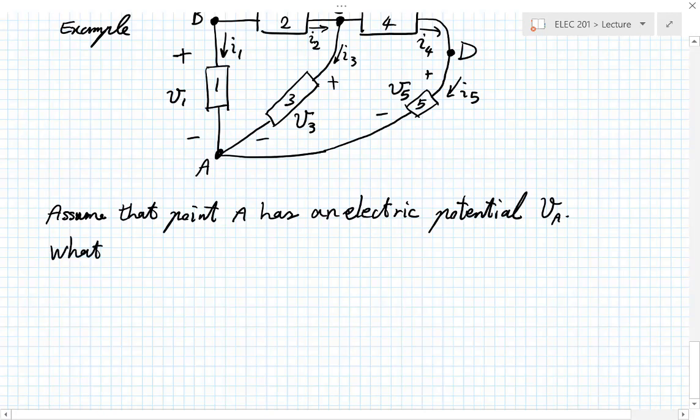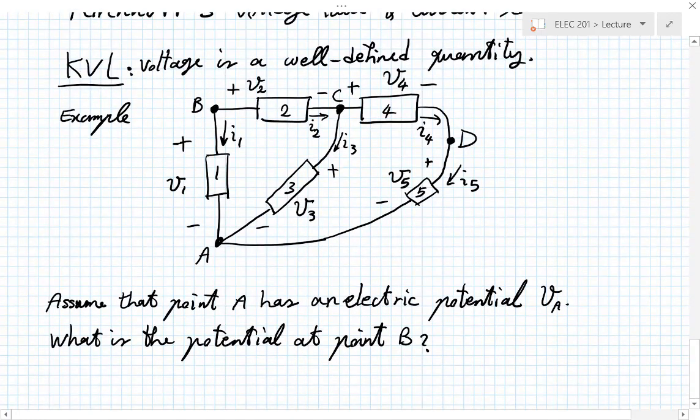What is the potential at point B? If the potential at point A is V sub A, or the height of point A is V sub A, what's the height of point B, according to my notation? Your guess is right.